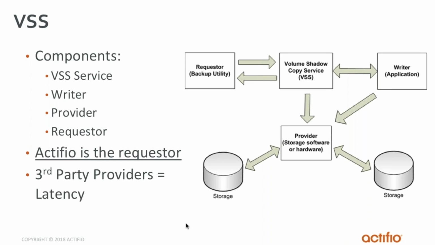They created a provider, and a third-party provider most often introduces high latency. People try to integrate things like change block tracking, for example, into the provider, and we have not, right? But by putting it into the provider, what you've done is you've introduced latency into the snapshot.